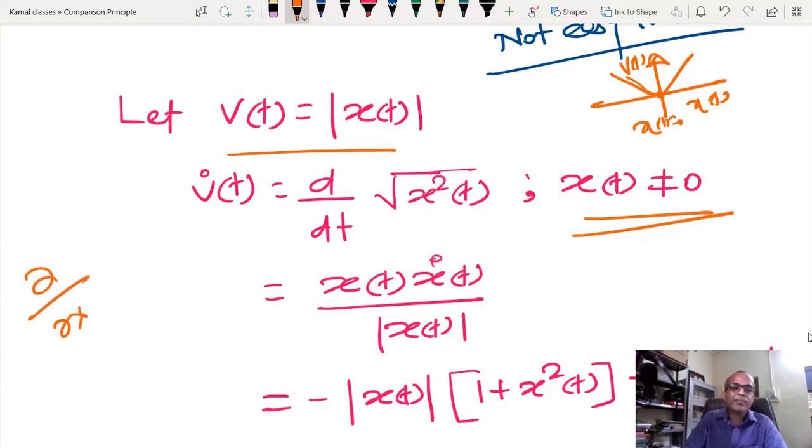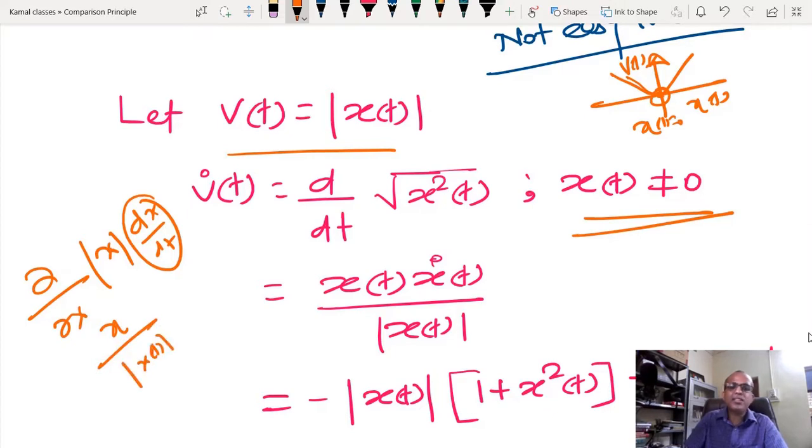If you take this derivative, I calculate dou by dou x of xt, and after that dx by dt. So dx by dt is x dot, and the derivative of the absolute value, except at this point, is nothing but the signum function, which is x by mod xt. Please just check it.